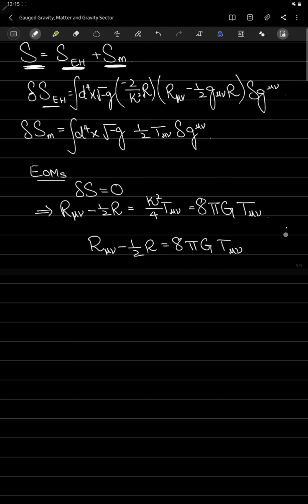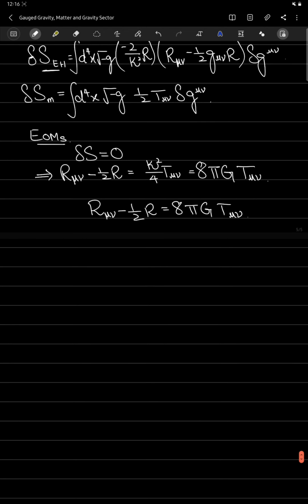So this is the Einstein field equations, and of course it's not just one equation. There are a lot of equations hidden inside this one expression over here. Now with this, we have completed our construction of gravity as a gauge theory.